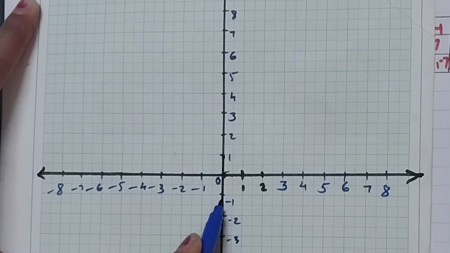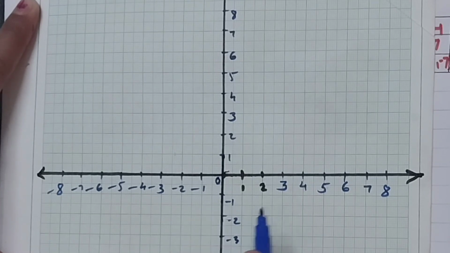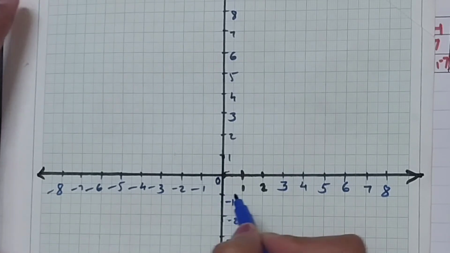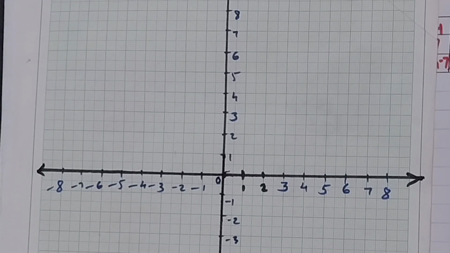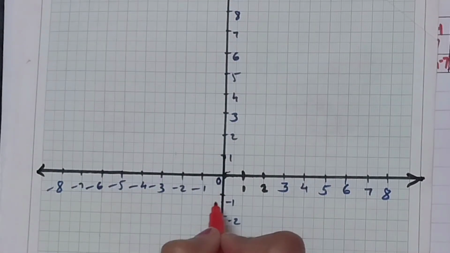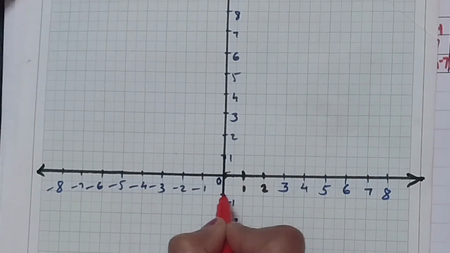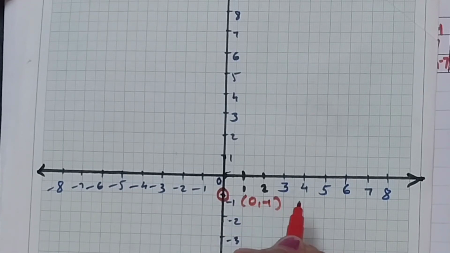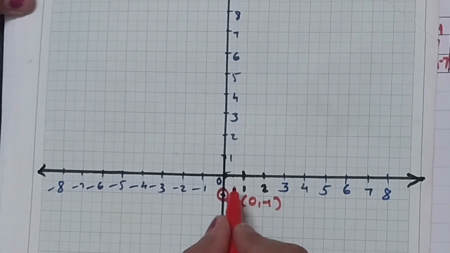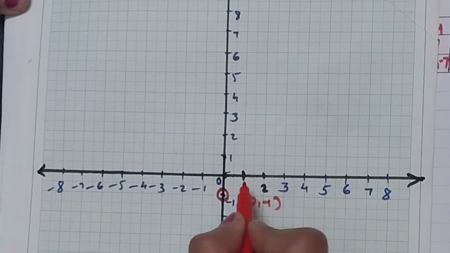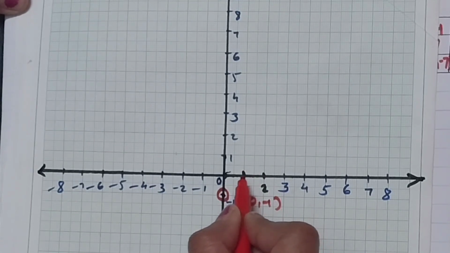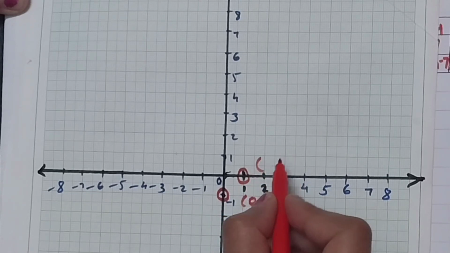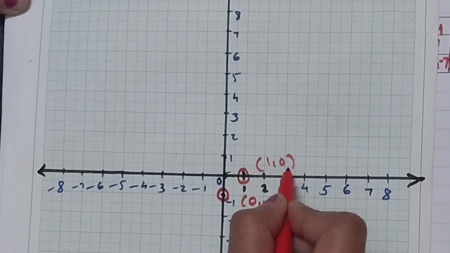Here is -1 of the y axis, so we plot this point here, 0, -1. The next point is 1, 0. X is 1 and y is 0. So here is the point and we plot here and write 1, 0.